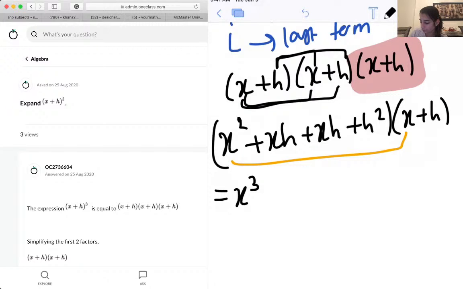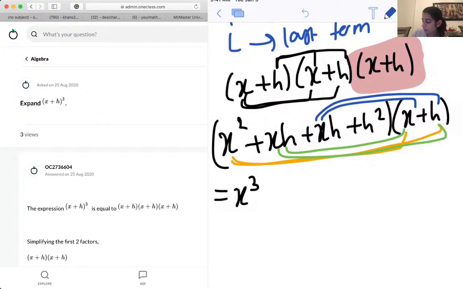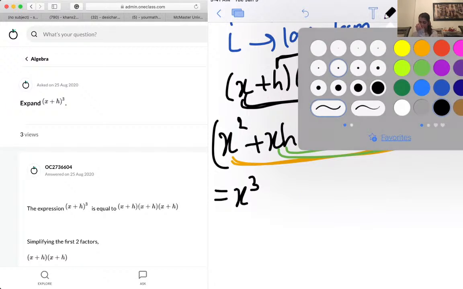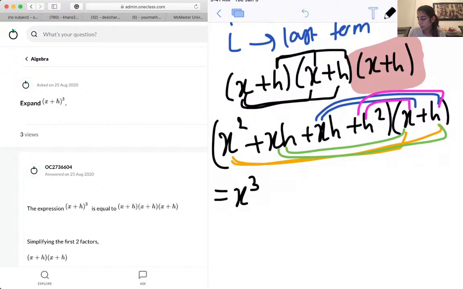So x squared times h is x squared h. xh times x is x squared h. xh times h is x h squared.